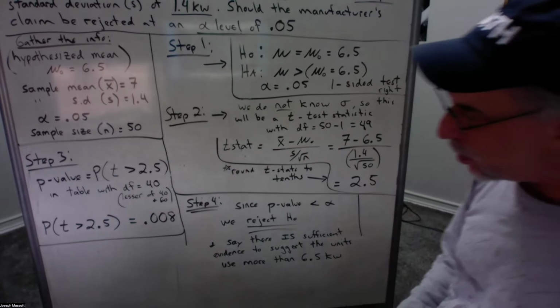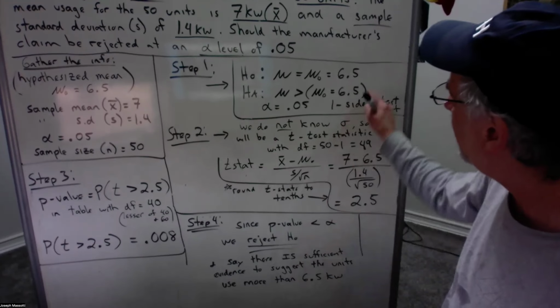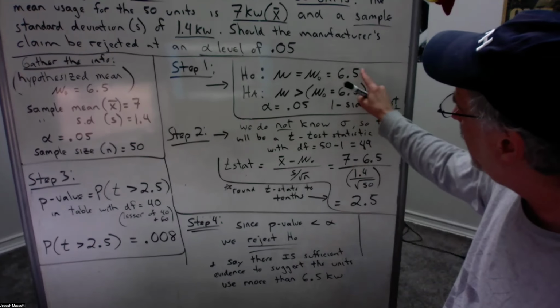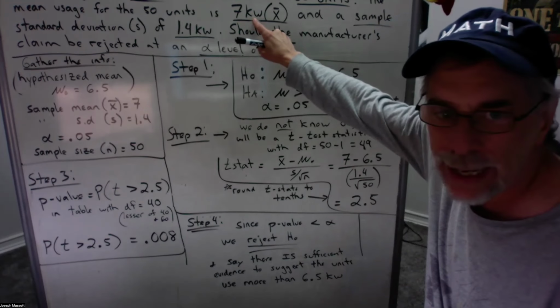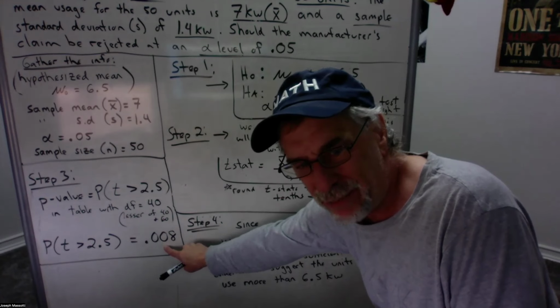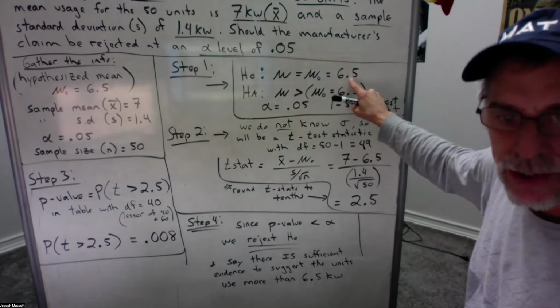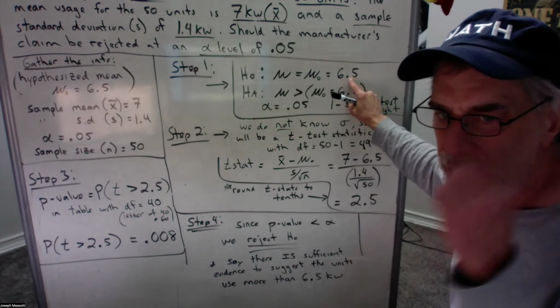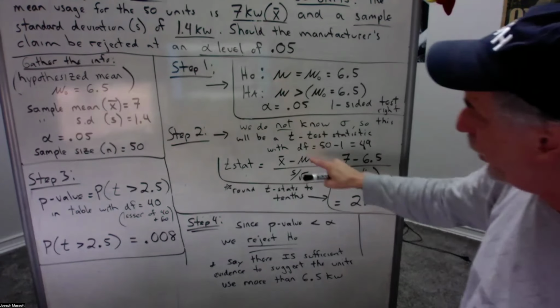So that's a very small number. Let's go through the logic again. The logic says if this is true, we're going to get a number this high only this percentage of the time, right? Because if this is true, this is the center of the sampling distribution, and that's what we're comparing our sample mean to.